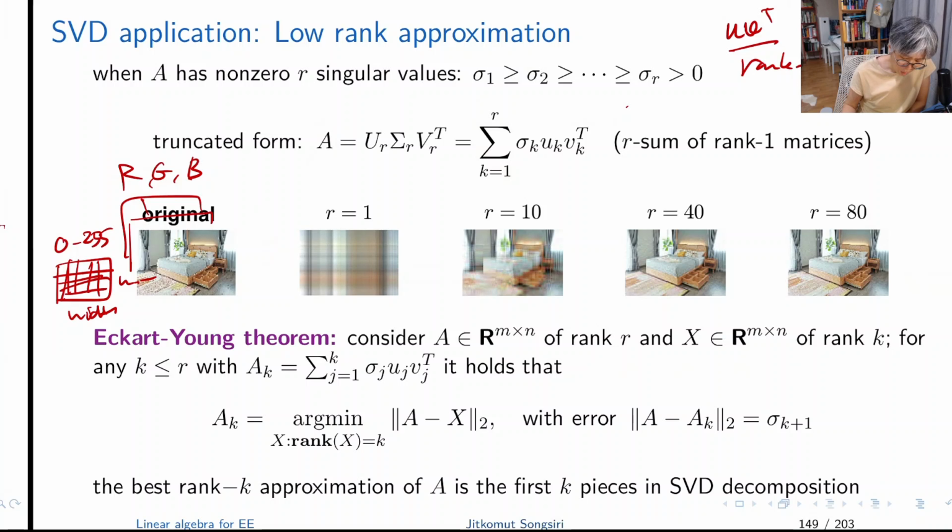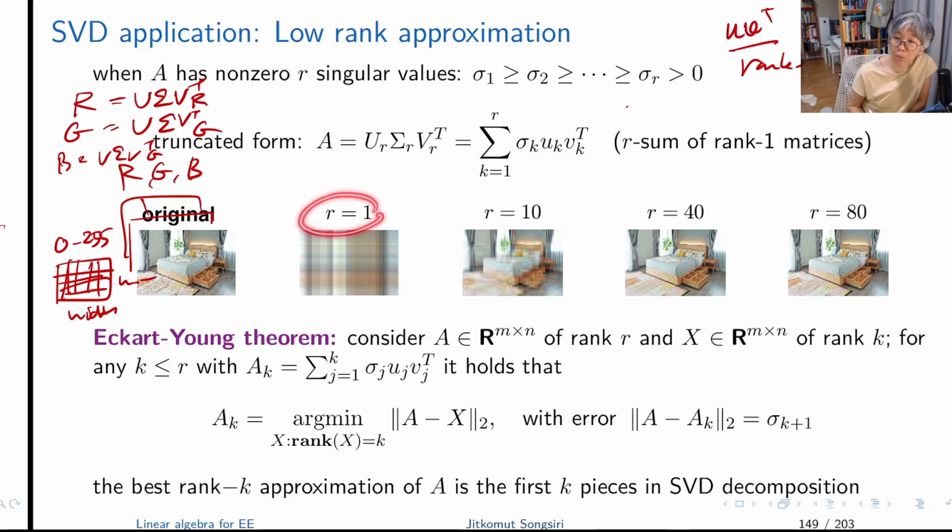So what we can do is that for each matrix, we take the SVD: we take the SVD of the R channel, the G channel, and the B channel, right? And then what we do is take only the sum up to R term, where R is 1.